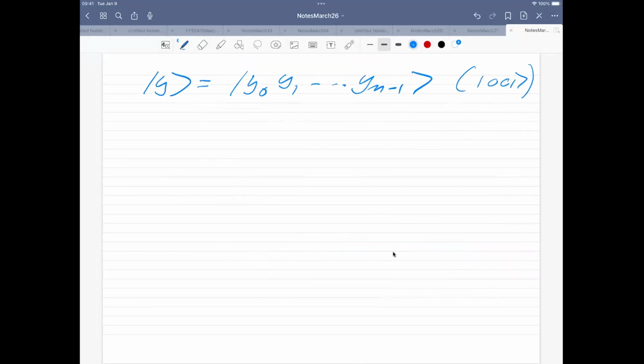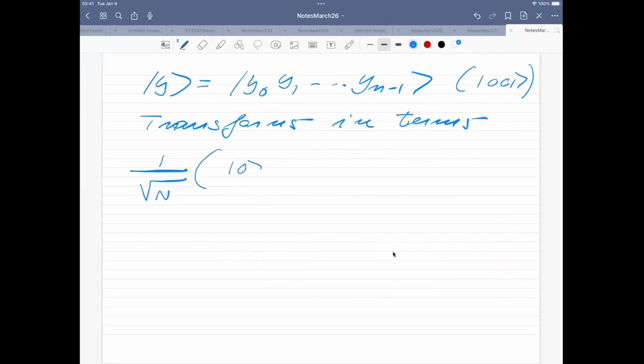Now, since we know that this state transforms, what we would have then would be 1 divided by the square root of n, multiplied with 0 plus e to the 2 pi i y, and then I have my 2 to the power of 0 multiplied with 1.